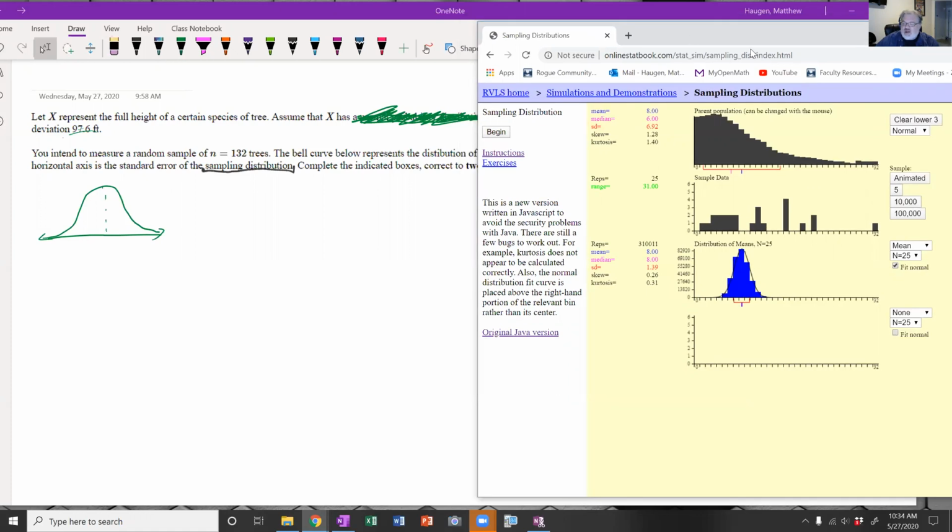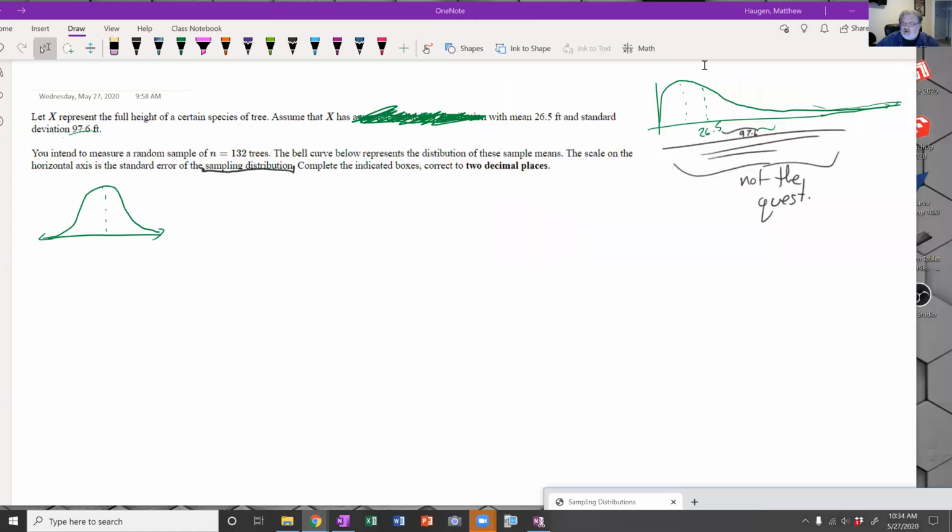So in this problem, the variable is tree height. This isn't the curve we're looking at in this problem.